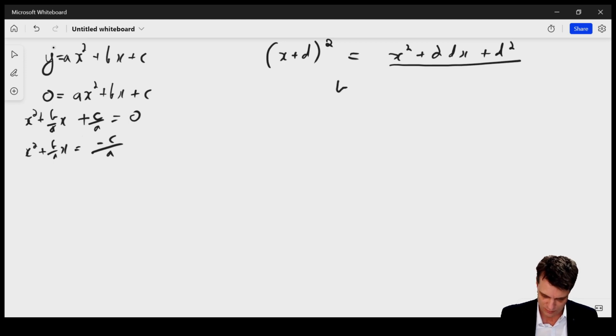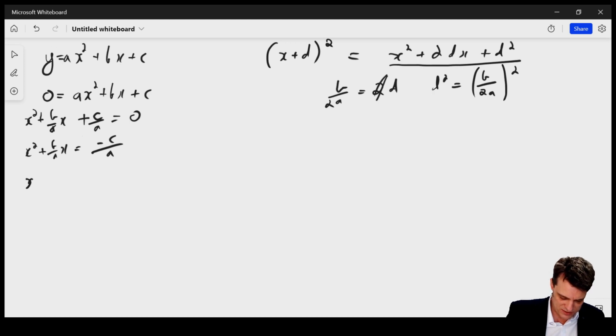We want b on a to be equal to 2d. Obviously, divide both sides by 2, and you end up with d equals b on 2a. Now, to make our equations match, that would mean that d squared is equal to b on 2a all squared.